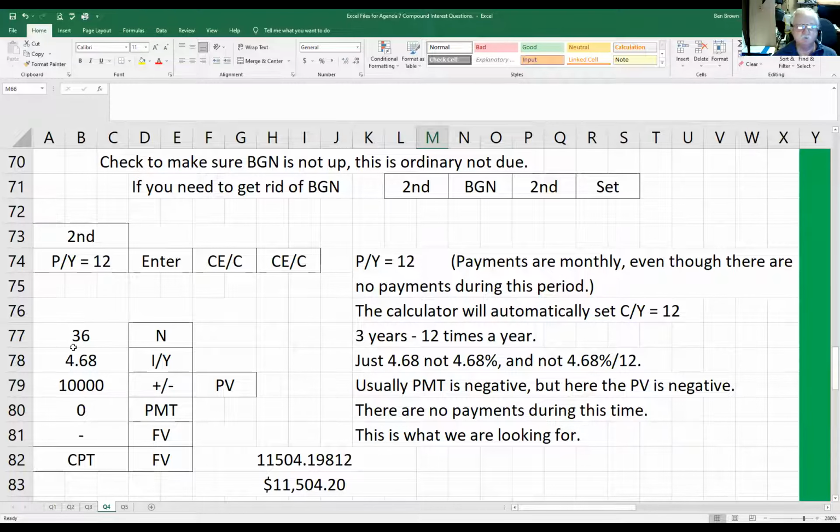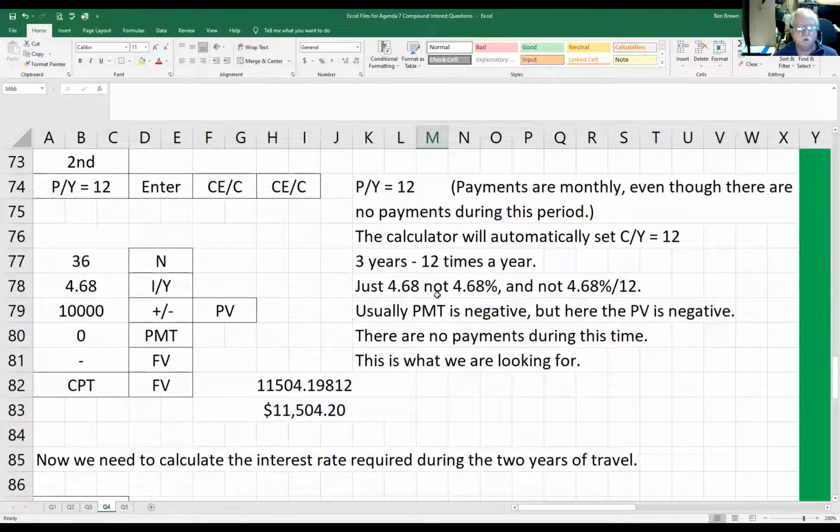We still have to figure out the 36, 3 years at 12 times a year. But we don't have to translate the 4.68. It's not 4.68% and not 4.68% divided by 12. The BA2 Plus just lets us put the interest rate straight in there.